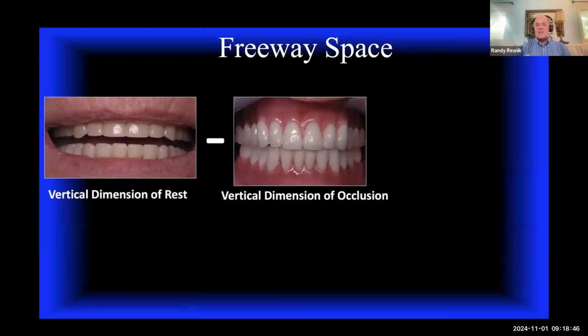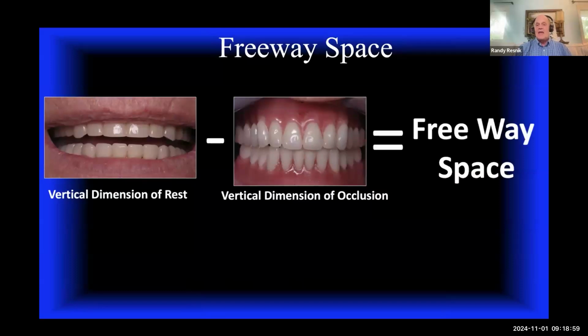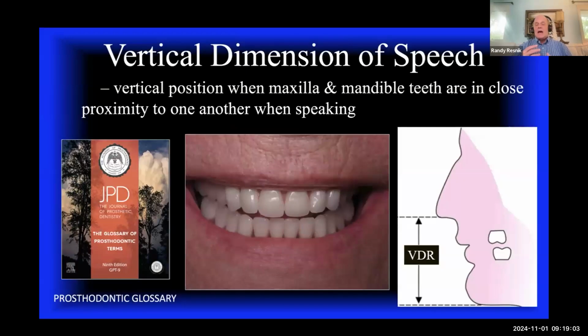We use this a lot in prosthetic dentistry, for tooth position, vertical dimension, and other maxillomandibular relations. We have to determine where VDR is, where VDO is, and then that gives us our freeway space.